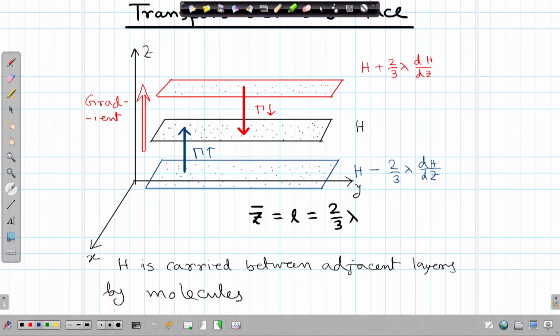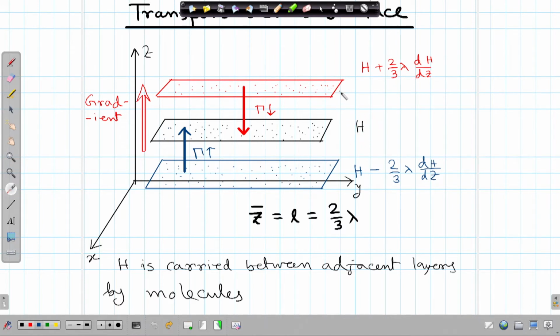Now, let us focus on our system. We have one layer which is our reference layer, and the quantity of interest, we do not know what it is. It could be any of the above mentioned quantities, so let us call it H. H is the physical quantity.